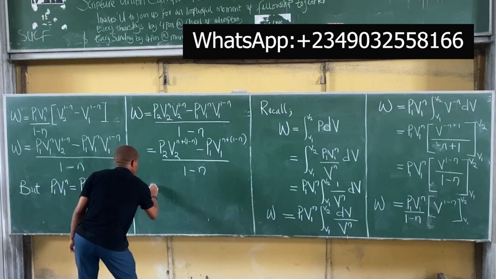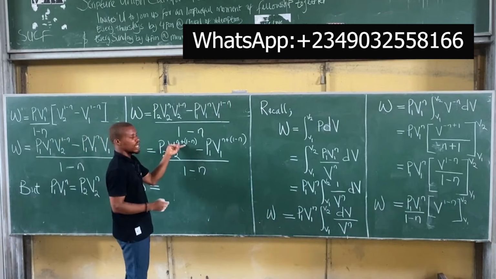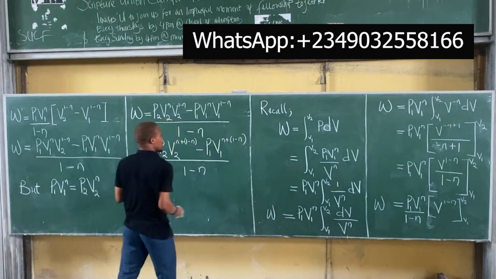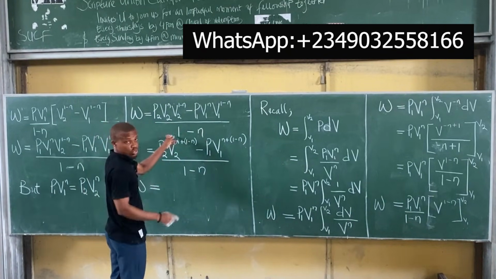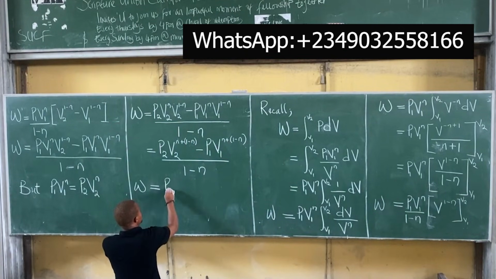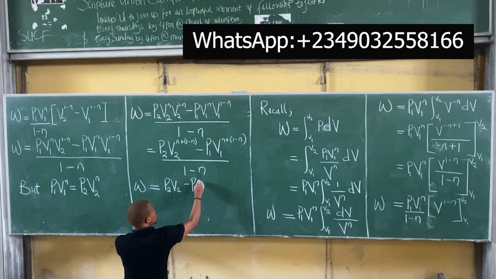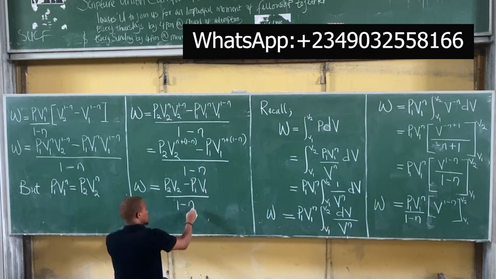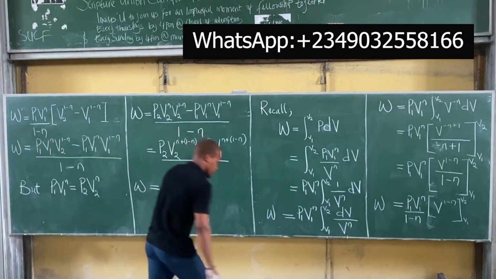Therefore, our work done equals, if I add this power, n cancels n. Then I'll have just V2 raised to power 1 and V1 raised to power 1. So what do we have there? P2 V2 minus P1 V1, all divided by 1 minus n. This gives you the work done for a polytropic process.